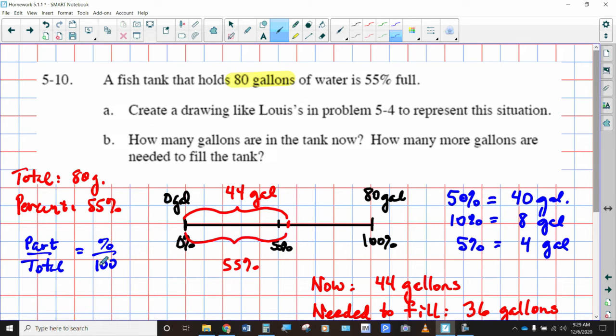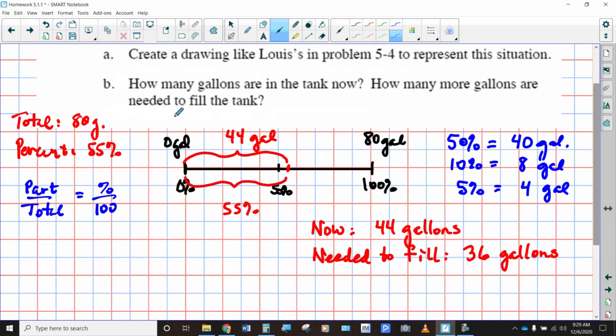So the total and 100% go together in the denominators, and the part goes with the percent on the top. So when we set this problem up in the percent proportion, the total goes on the bottom, and the percent goes in the upper right, out of 100. And so we're trying to find out what x is equal to. We'll come back to this in a second.